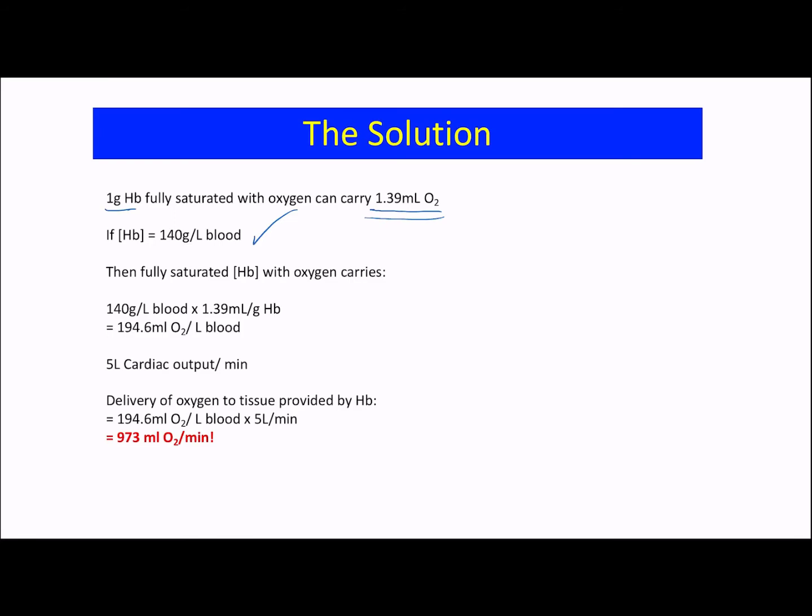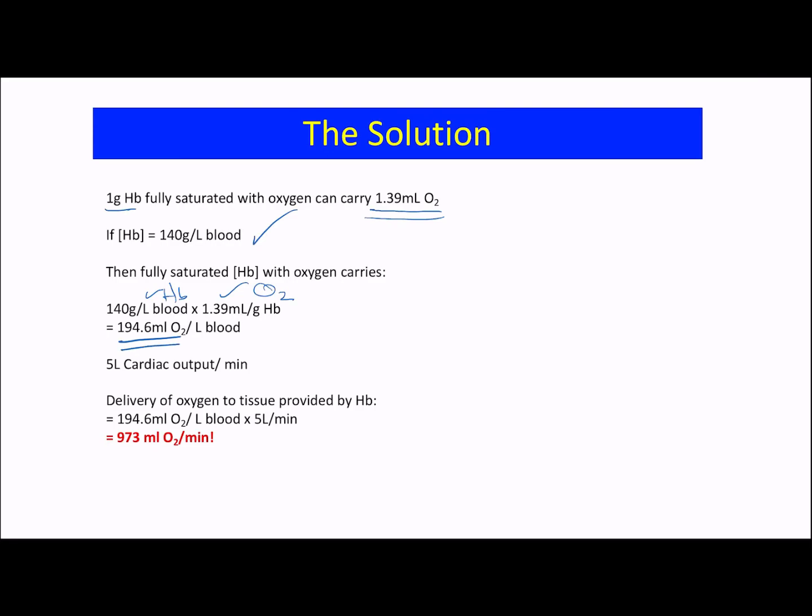So we know that we've got 140 grams per litre of haemoglobin, and we know that each gram of haemoglobin can carry this much oxygen, 1.39 mils per gram. So we know that each litre of blood can carry 194.6 mils of oxygen.